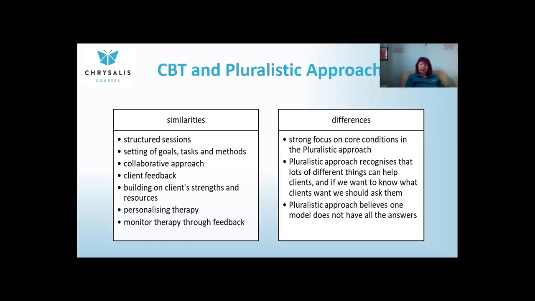So it acknowledges that no approach has managed to distinguish itself overall as better than any other model.